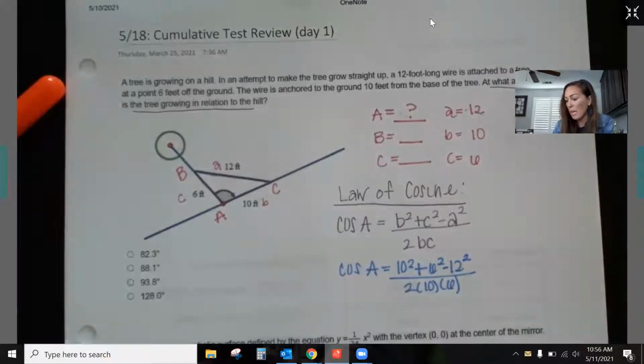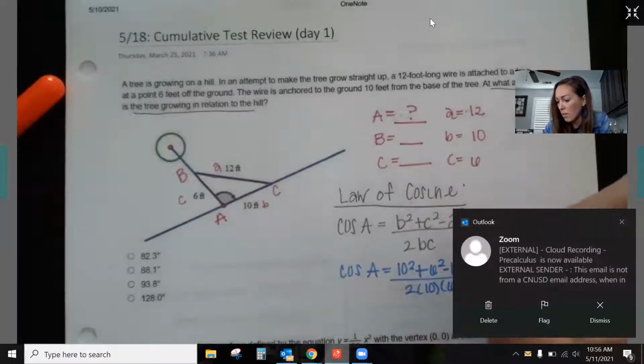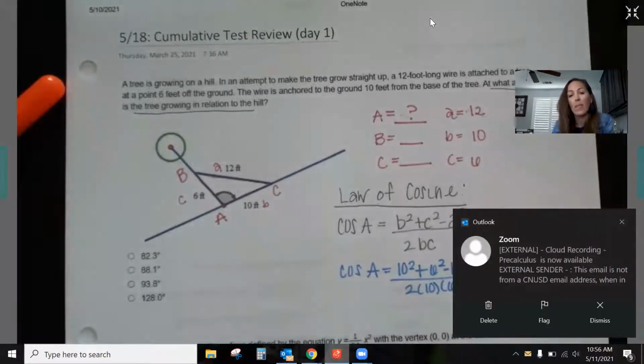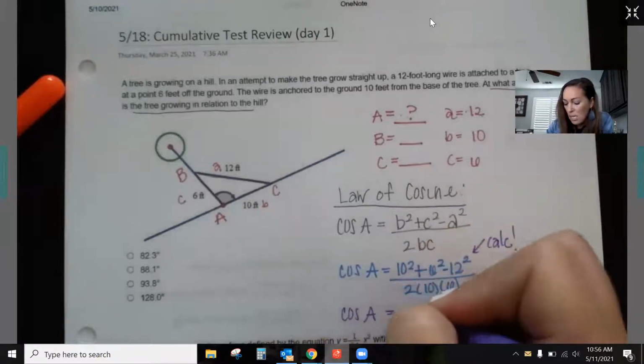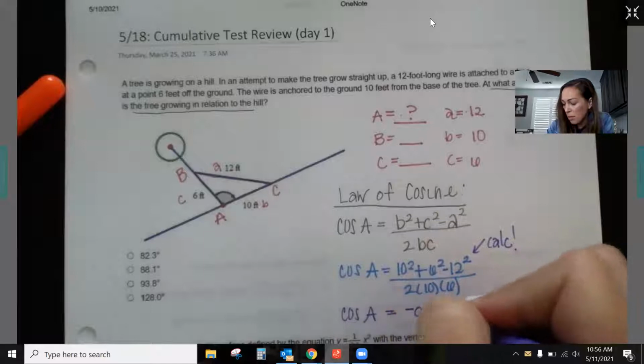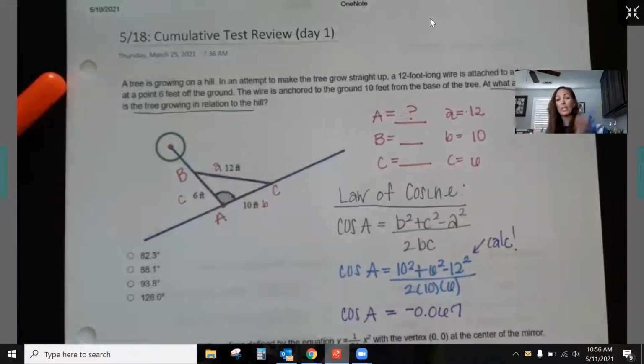And I plug all that into my calculator. And I get cosine of A is going to equal negative 0.067.